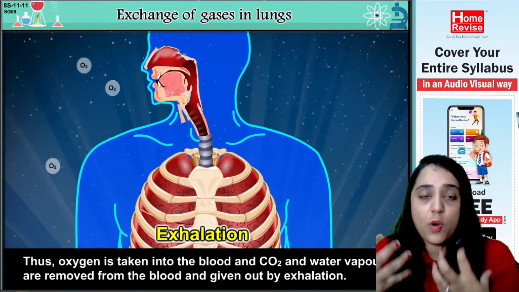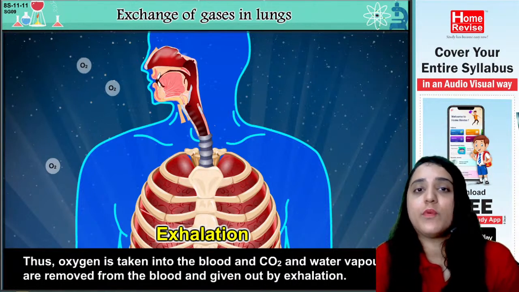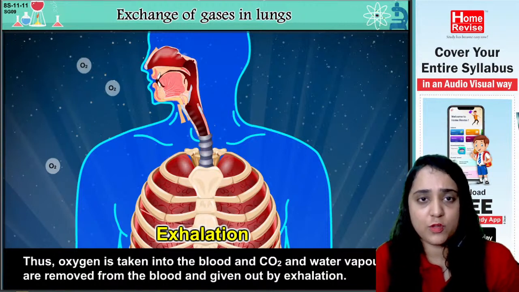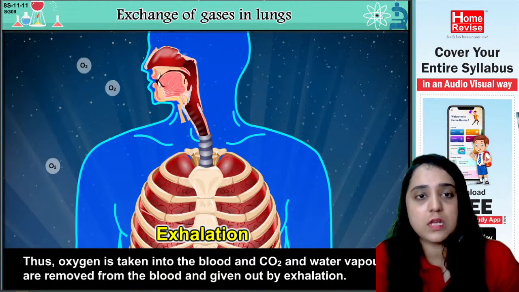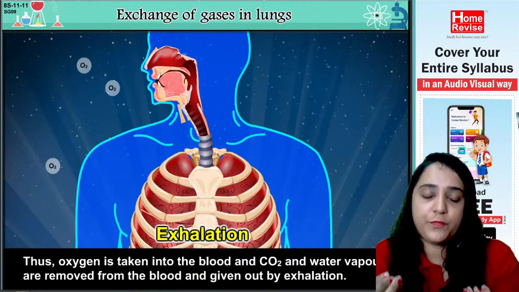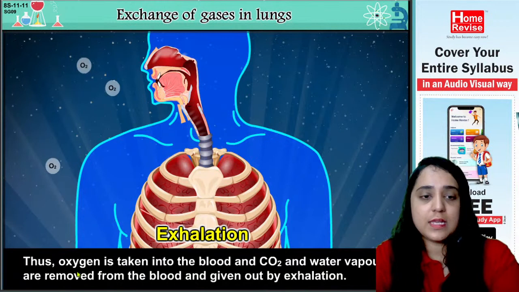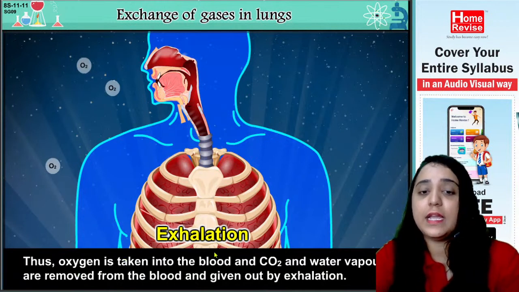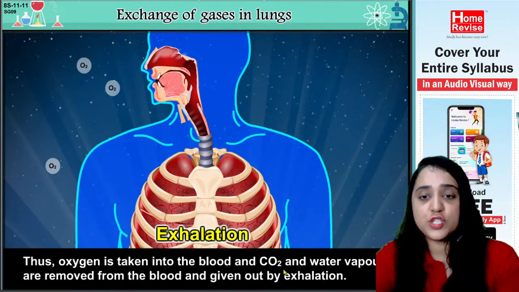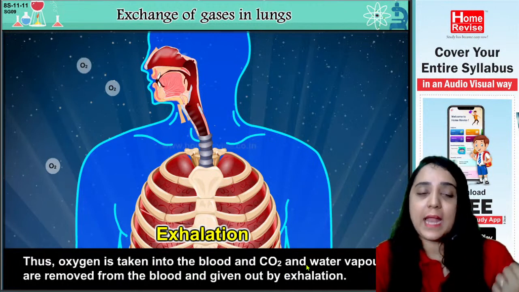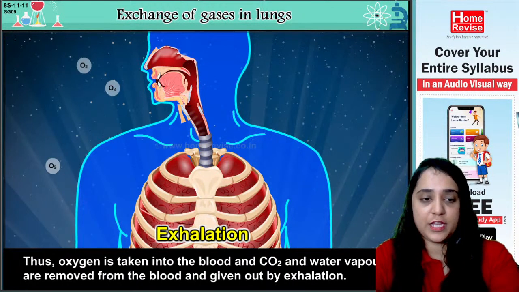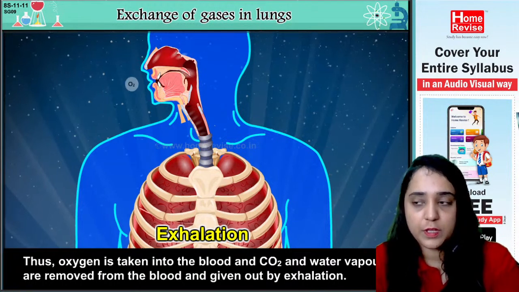When the blood is passing through, the exchange of gases takes place and everything is exhaled out from the lungs, through the windpipe and the nose. So this is how oxygen is taken into the blood, and carbon dioxide and water vapor are removed from the blood and given out by exhalation.